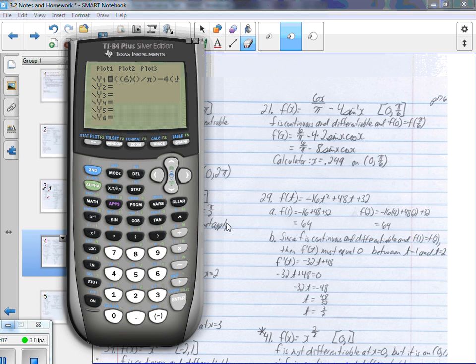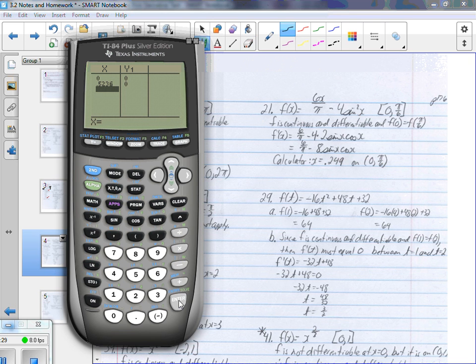Okay, let's evaluate that. I think I'll just make a table. Let's evaluate that for 0, and let's evaluate it for pi over 6. All right, so the endpoints are equal because the value each time is 0.